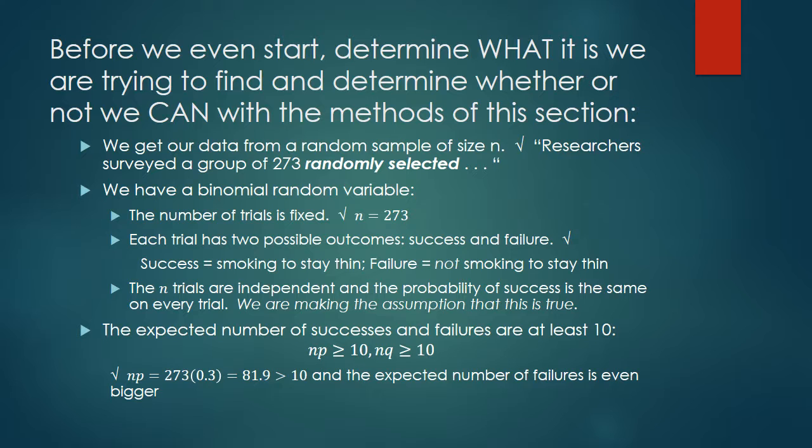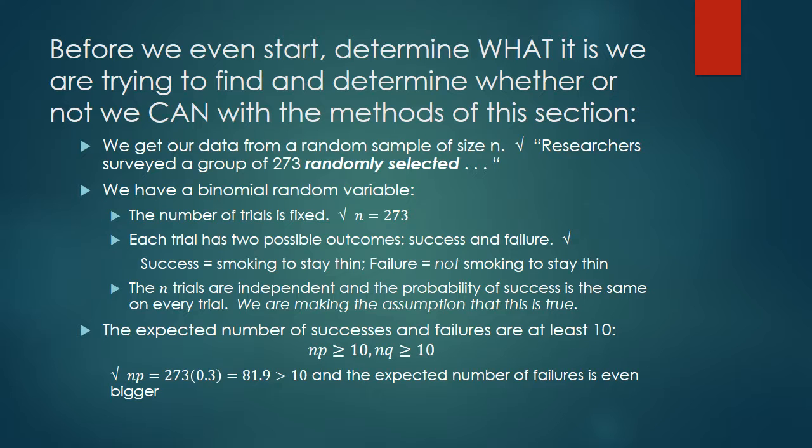If not, we would pawn it off on somebody else who has done more statistical study, and they would use more advanced research or more advanced methods. So, did we get our data from a random sample of size n? Well, in our problem, it tells us researchers surveyed a group of 273 randomly selected. That phrase right there, randomly selected.